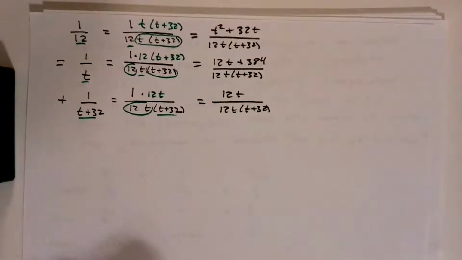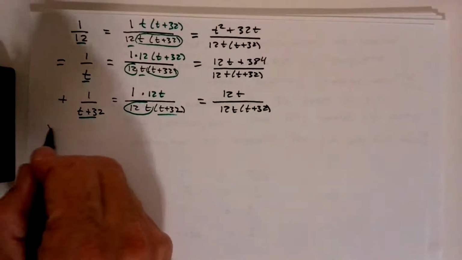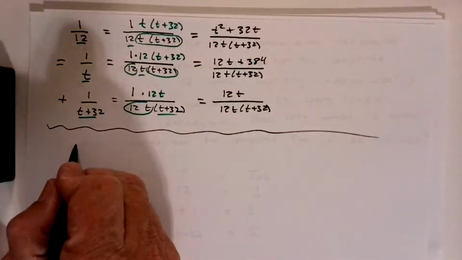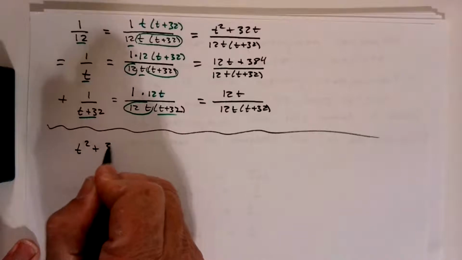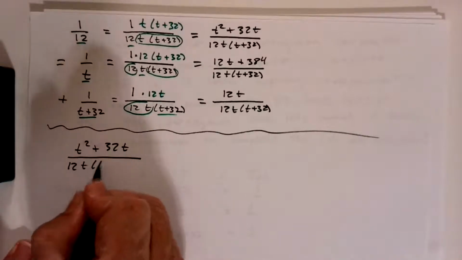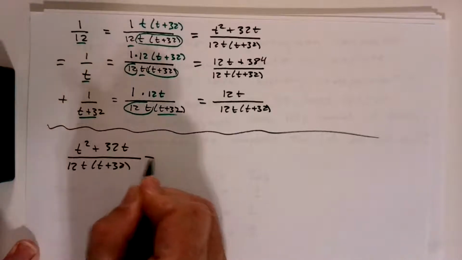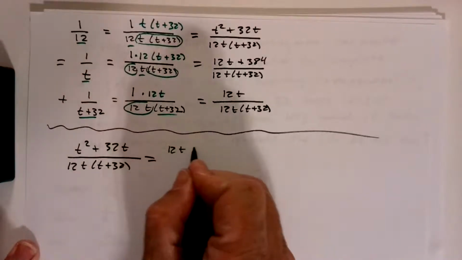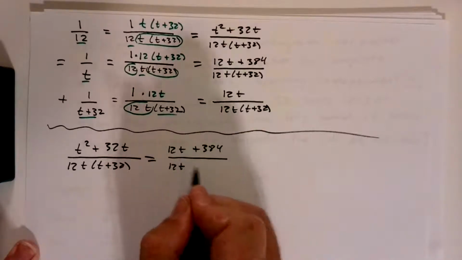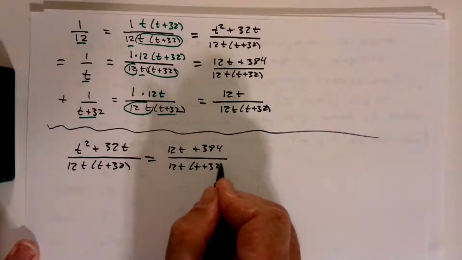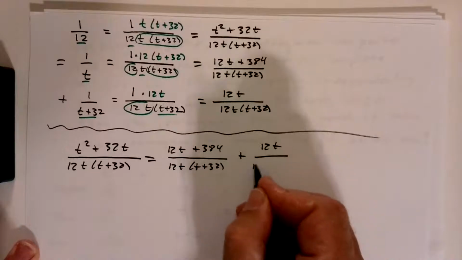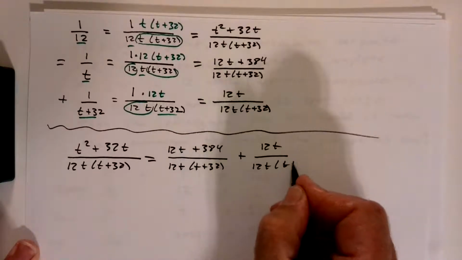So I've got all these fractions equaling each other. Same denominators. So t squared plus 32t over 12t times t plus 32 equals 12t plus 384 over 12t times t plus 32 plus 12t over 12t times t plus 32.